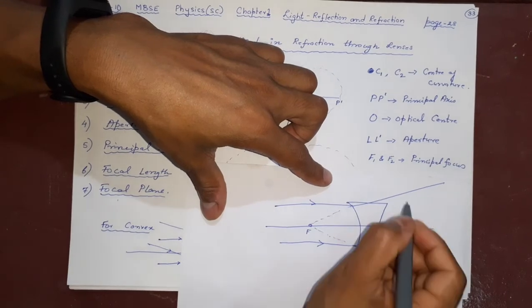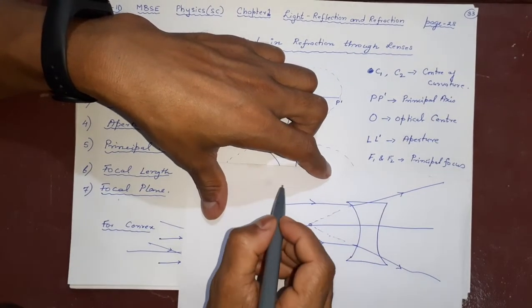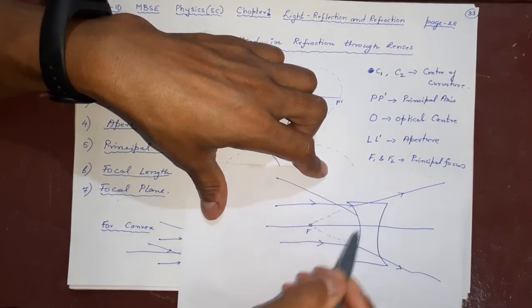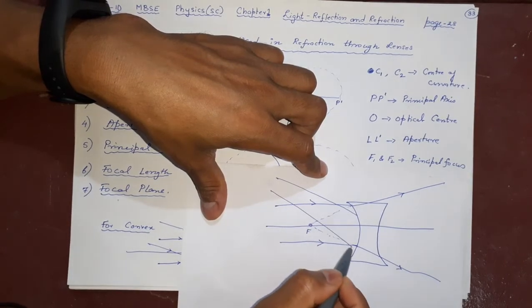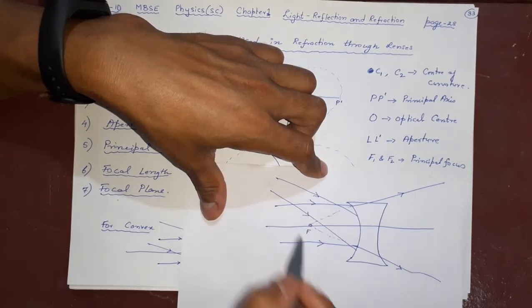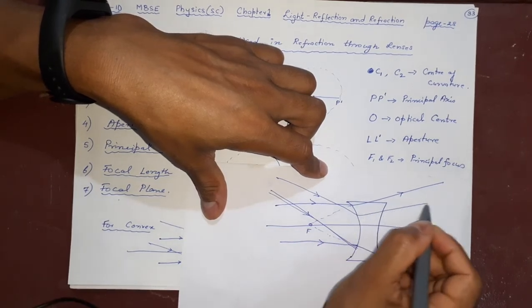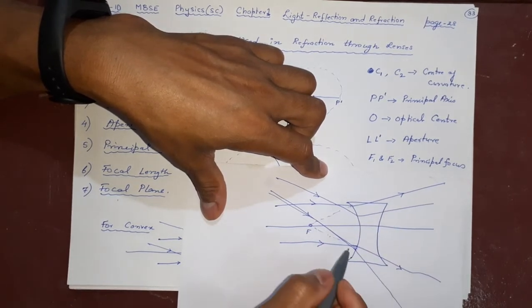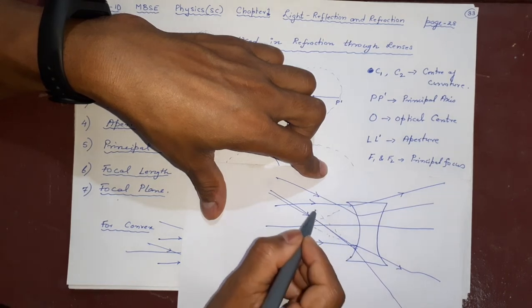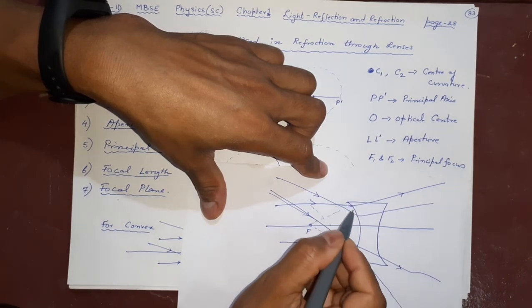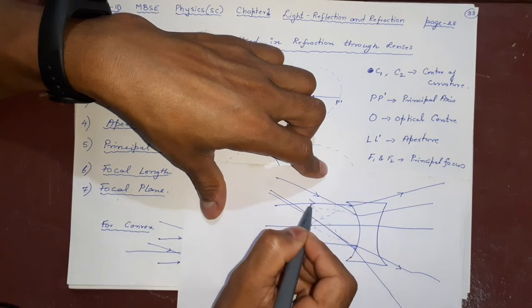Okay, now if they make some angle like this and like this, some angle, parallel line, then what will happen? They will also go away, but this time they will make in some other point here.